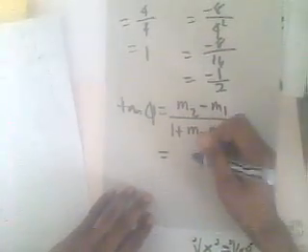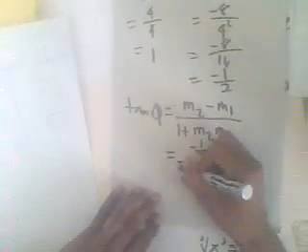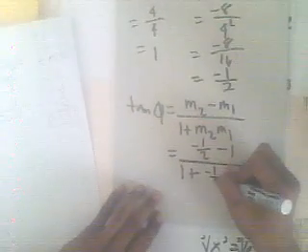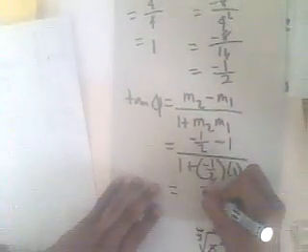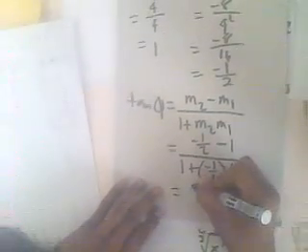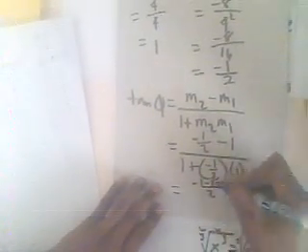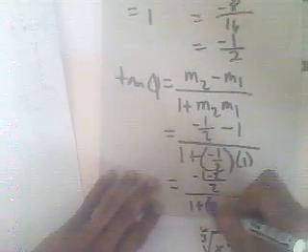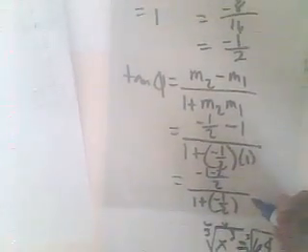Plugging in our slopes, the second slope is negative 1/2 minus the first slope, 1, over 1 plus negative 1/2 times 1. Solving it, we get negative 3 over 2 over 1 plus negative 1/2. We will go on to the next page.